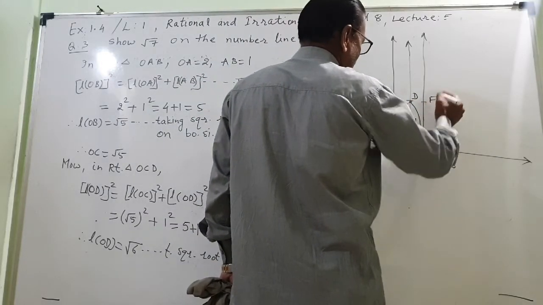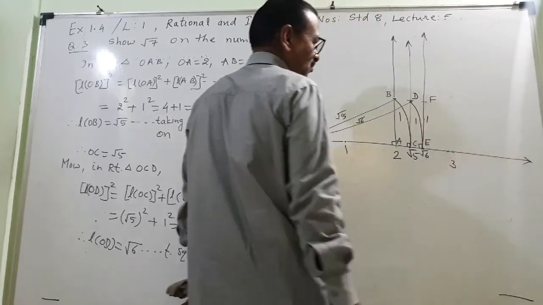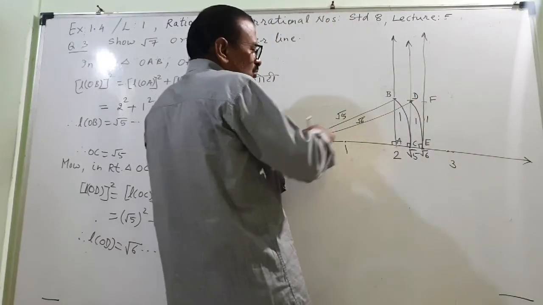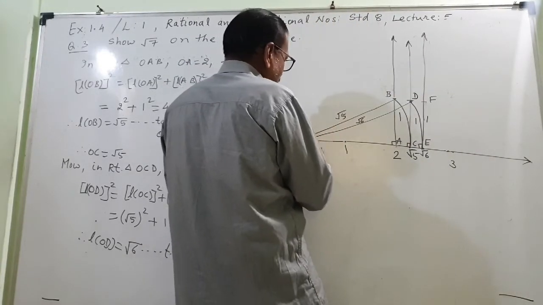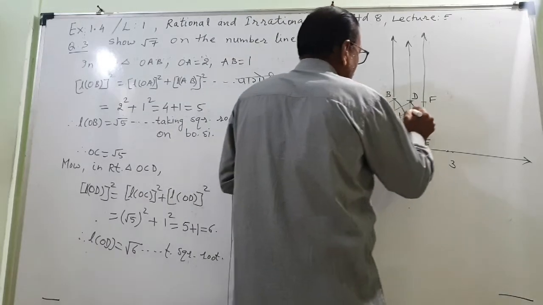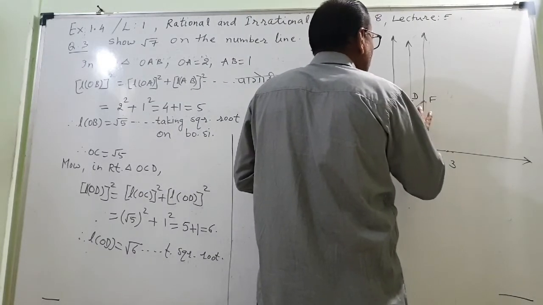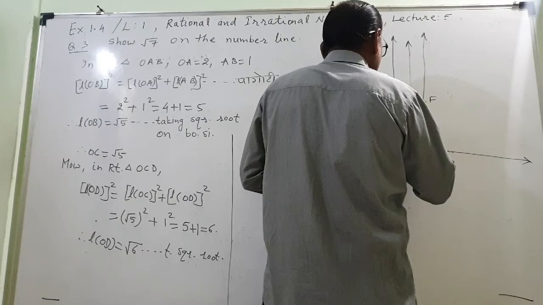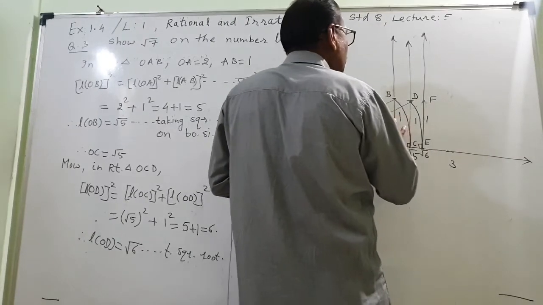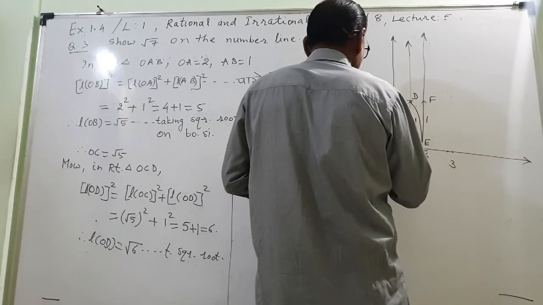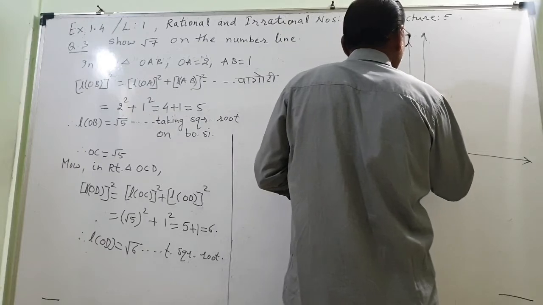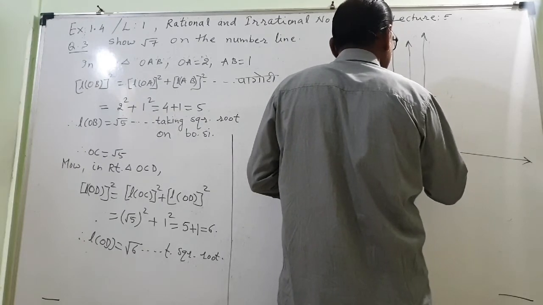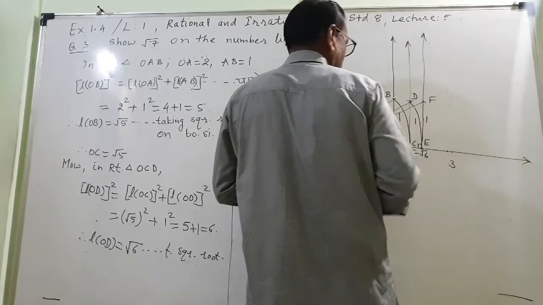This point will be F. This distance is 1. Now join this O to F.